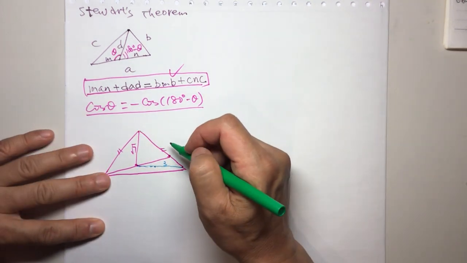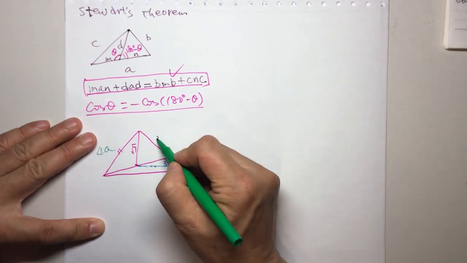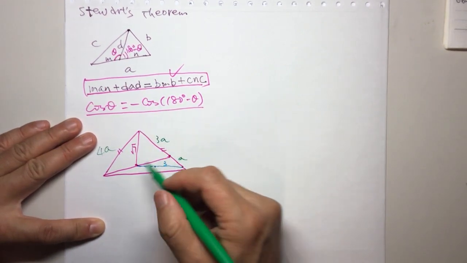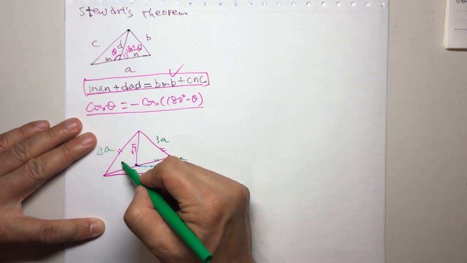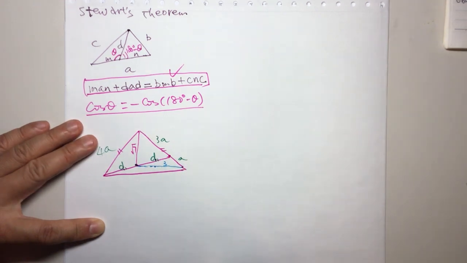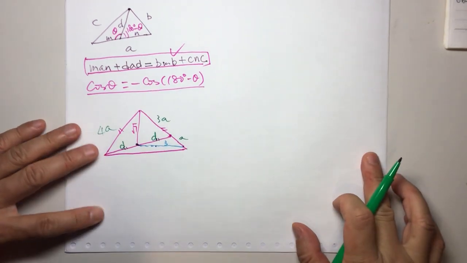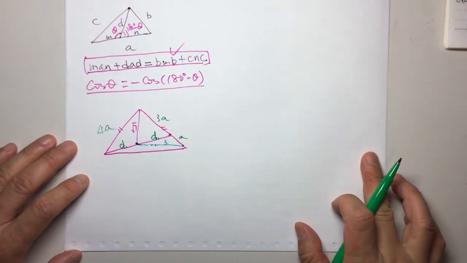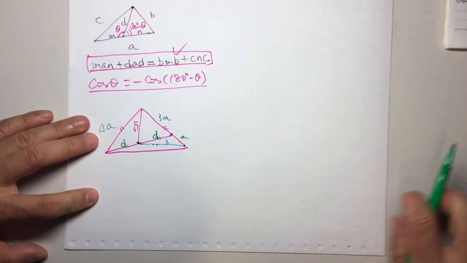If I say this side is 4a, because here will be 3a, here will be a, because that's the midpoint of them. So I can say this is D, this is also D, and this is 3a.